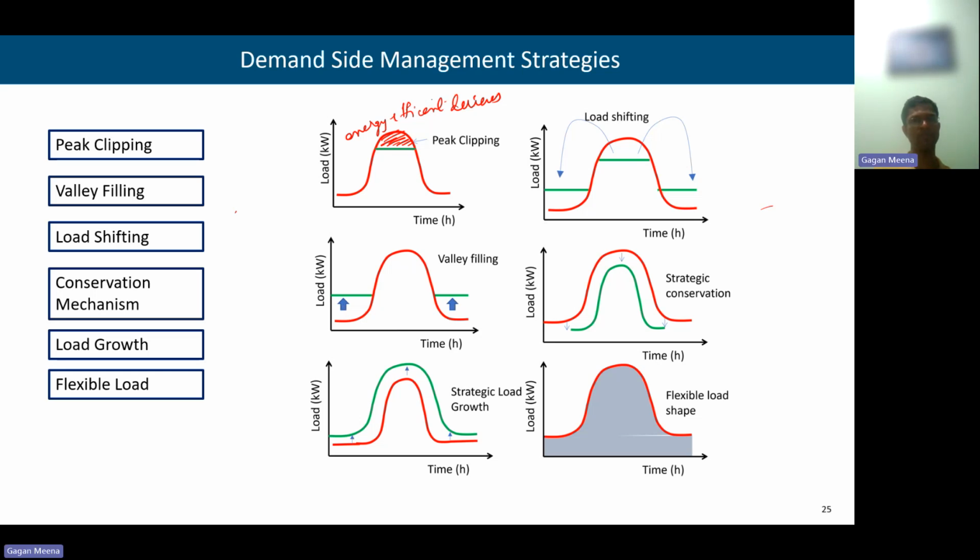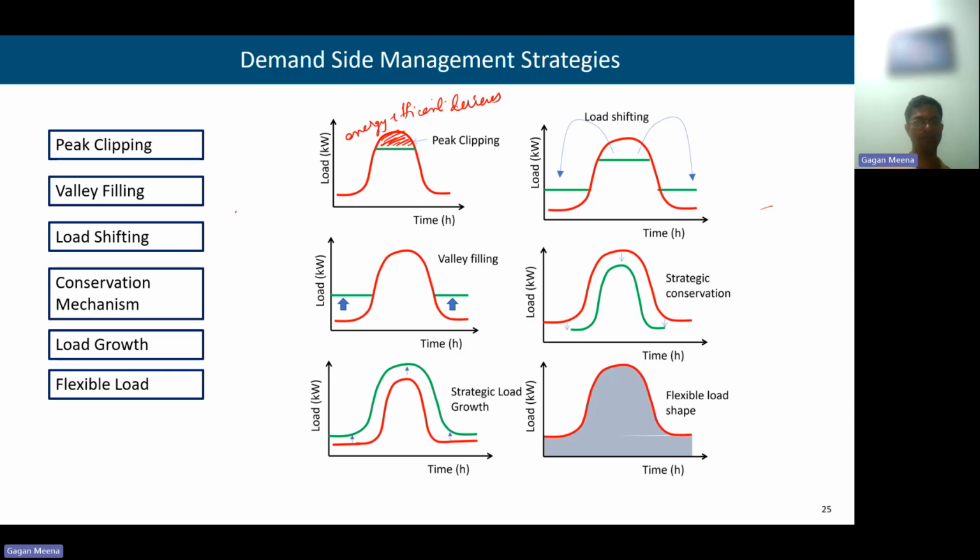Third is the load shifting, where we want to shift the existing load from peak hours to the off peak hours. That means this will certainly change the consumption pattern, deferring the demand from a particular hour to another hour.